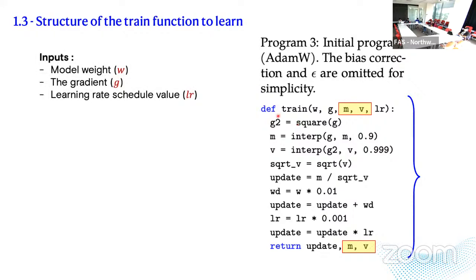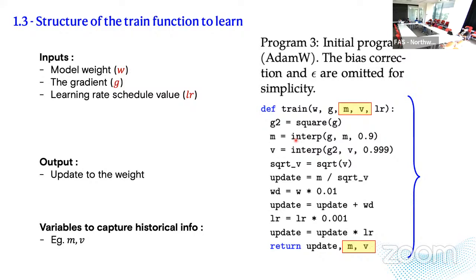This function is called the train function, and we have the model weights, the gradient with respect to parameters, and the learning rate coming in as inputs. So these three are coming in as inputs, and then our goal is to produce the new set of weights that's trained through this function.